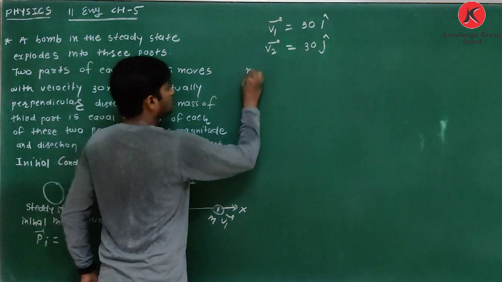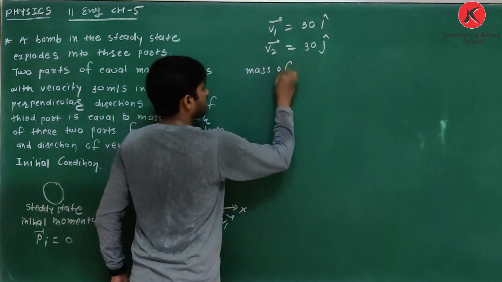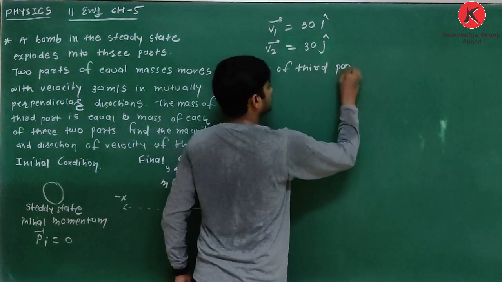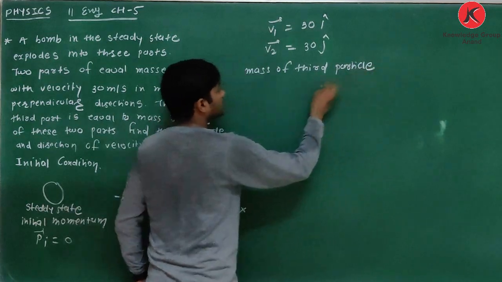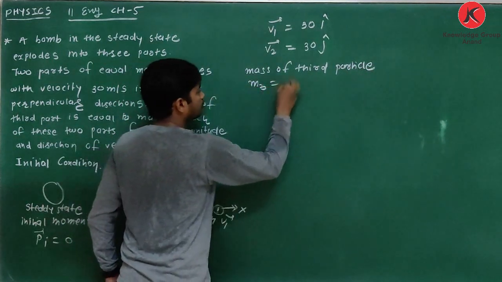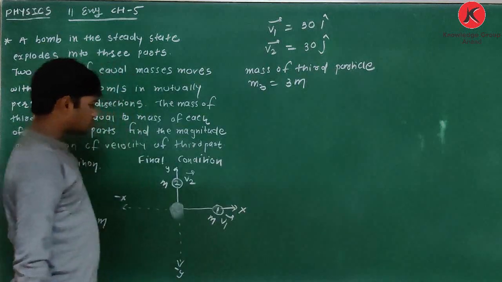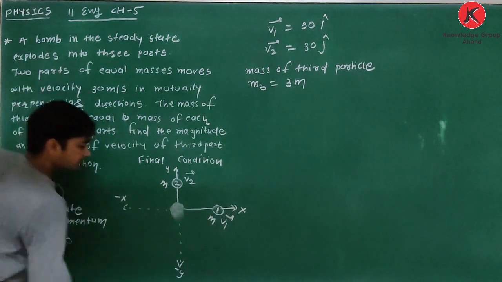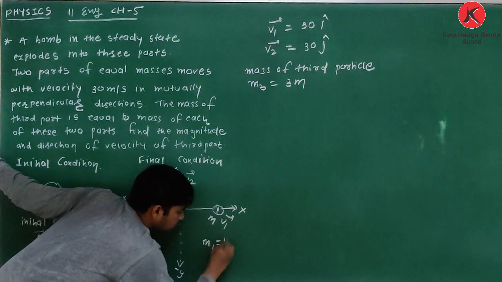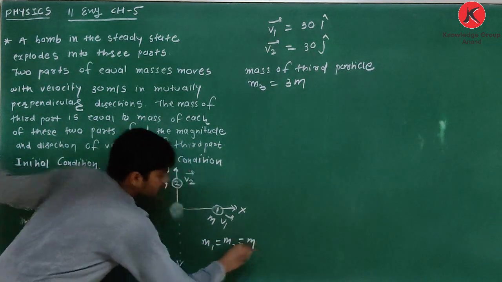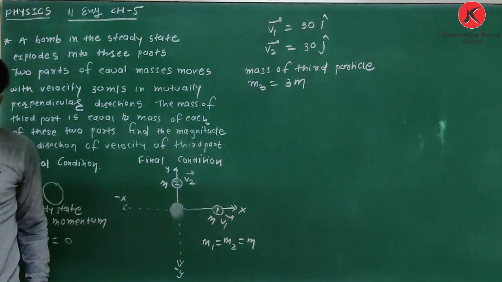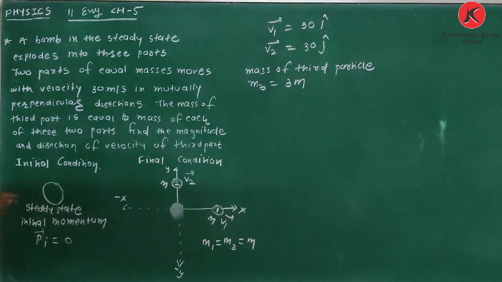Mass of the third particle, m3, is equal to 3m. The first two particles have the same mass, so I can write m1 is equal to m2 is equal to m, but m3 is equal to 3m. Clear about this?